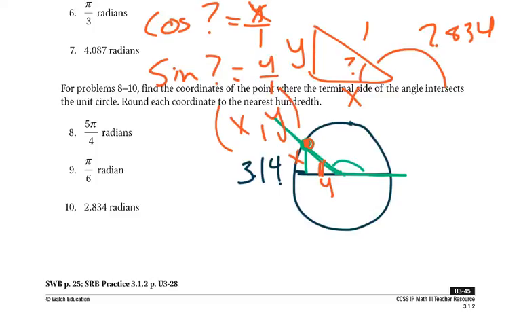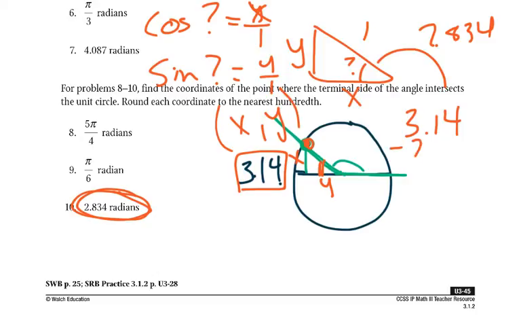To figure that out, we just go 3.14 minus 2.834, and that would give us 0.306.